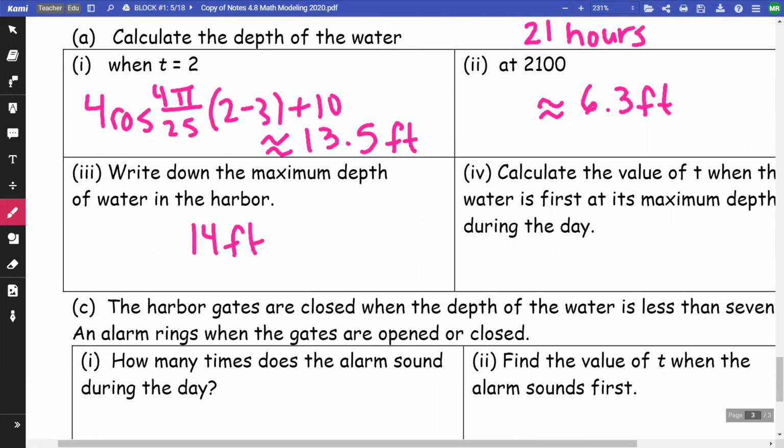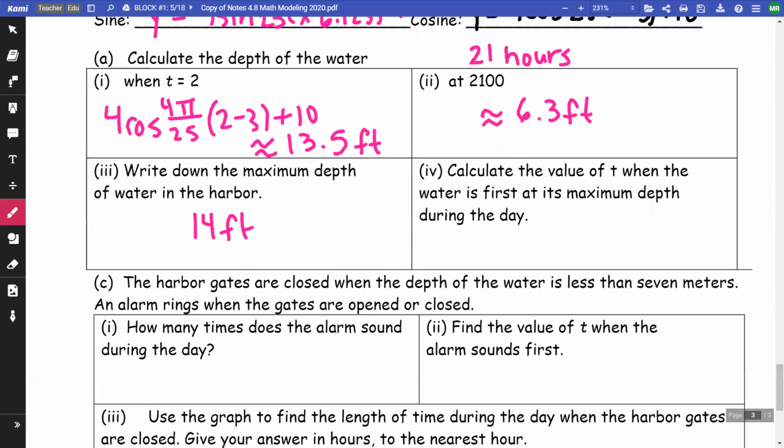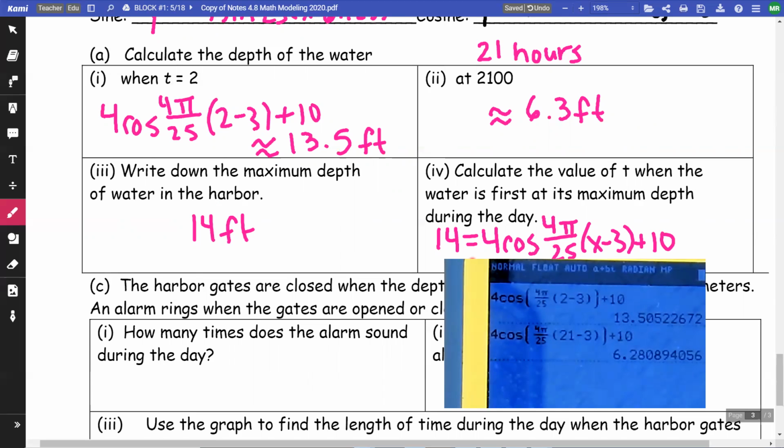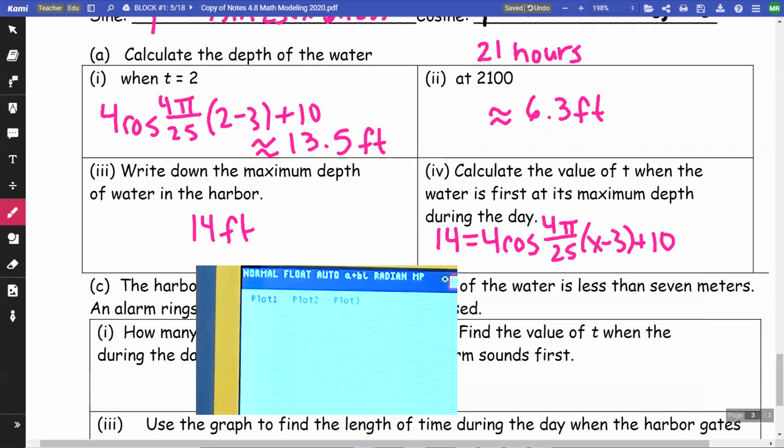And they say calculate the value of t when the water is first at that maximum depth during the day. So I am basically going to want to know, when does this equal 14? And I'm going to use the cosine graph. I think that'll be the easier one to type in again. Okay, so if I'm doing this on the graphing calculator, I'm going to go to y equals.